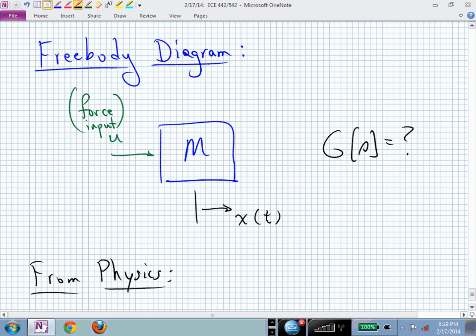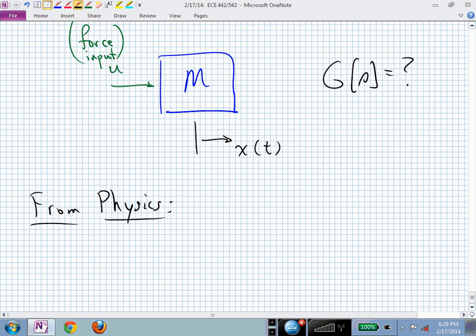So F is equal to ma. And what is acceleration in terms of position? We differentiate it twice, don't we? And we get our acceleration. That's why we took our calculus in 8th grade, so we could do physics. So that we now have F is equal to ma.